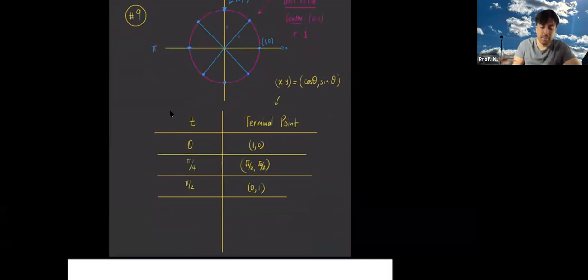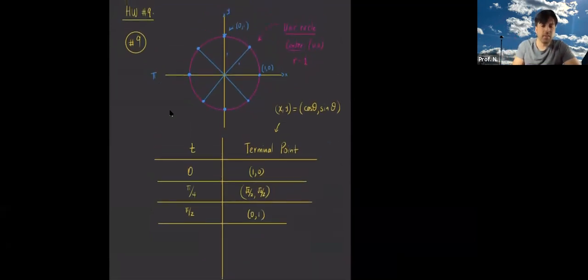However, you have to be mindful of what quadrant you're currently in. So for example, the next angle is 3 pi over 4, right? We're 135 degrees from the 0 degree mark. You can think of it also as 1 pi, 2 pi, 3 pi over 4.